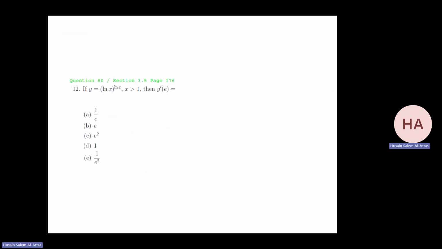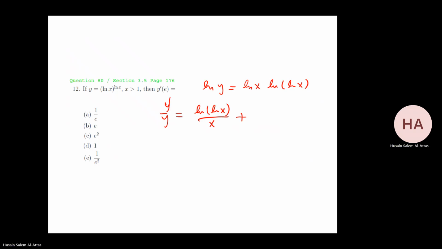And now I need to find it at e. Okay. Take ln. I have ln y equal ln x, ln of ln x. Differentiate: y prime over y will be ln x over x plus ln x times, here I have over ln x, and this is 1 over x.